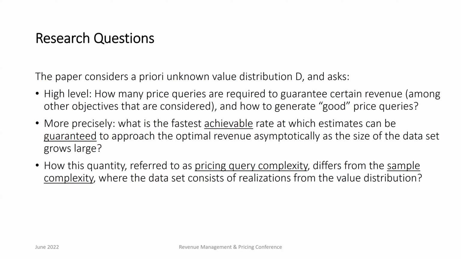More precisely, the question that the paper asks is what is the fastest achievable rate at which estimates can be guaranteed to approach the optimal revenue asymptotically as the size of the data grows large, and this quantity, referred to as price query complexity, is then contrasted with the sample complexity, where data is consisting of realizations from the value distribution.